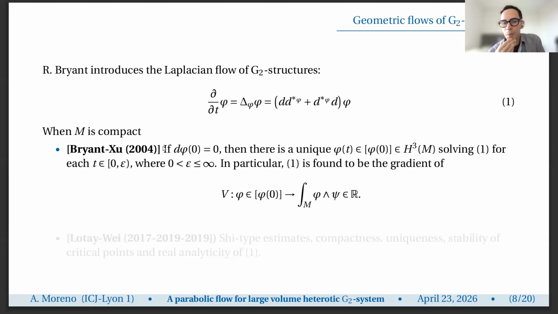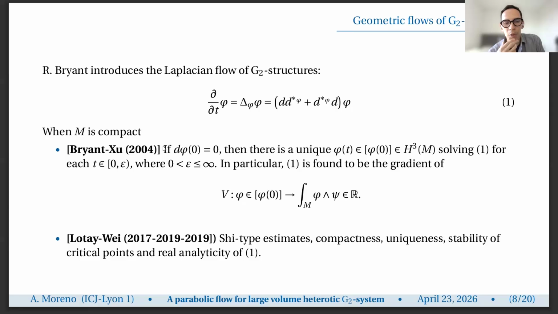And this very nice property was exploited by Lotay and Wei in several papers to get some very nice analytical results, such as Shi-type estimates, so higher order derivatives of the torsion and the curvature, in order to get some results related with compactness and stability of the critical points of the Laplacian flow, which are the torsion-free G2 structures.